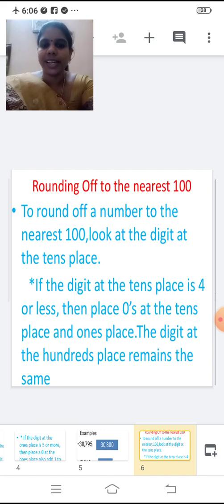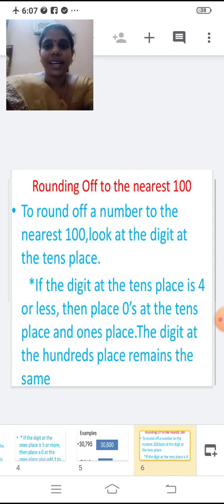If the digit at the tens place is 4 or less than 4, what you have to do? Then place zeros at the tens place and ones place. The digit at the hundreds place remains the same.